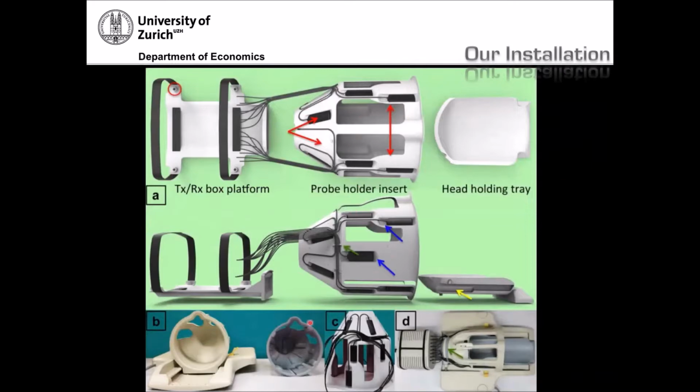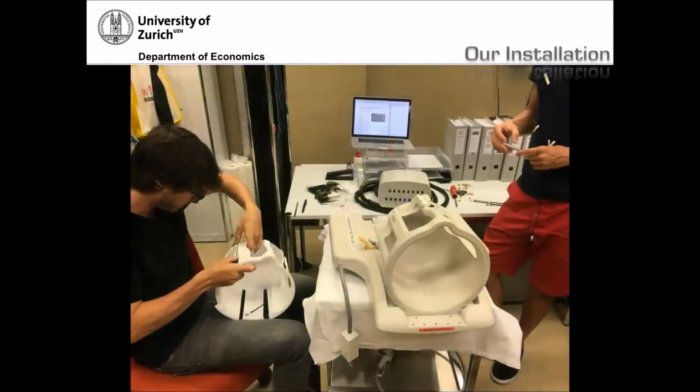You can see the coil and the 3D printed part. In part C, it's half assembled with the probes inserted, and in part D, you see the entire assembly. And it's not an easy installation. We had to hire an industrial designer who helped us with this project.